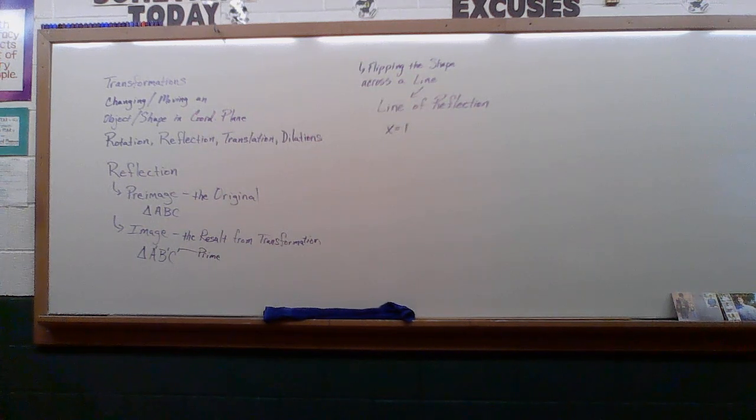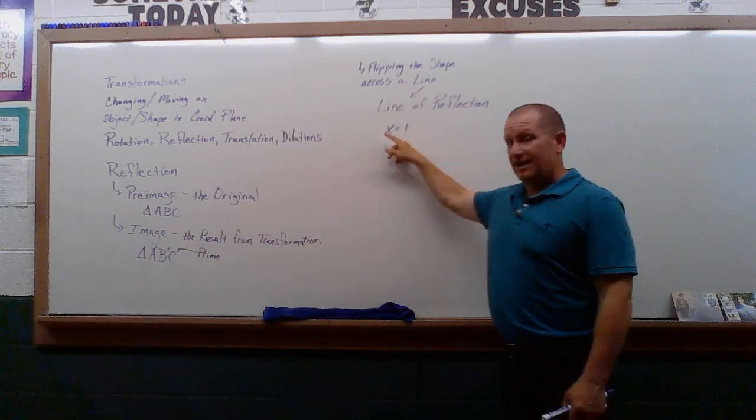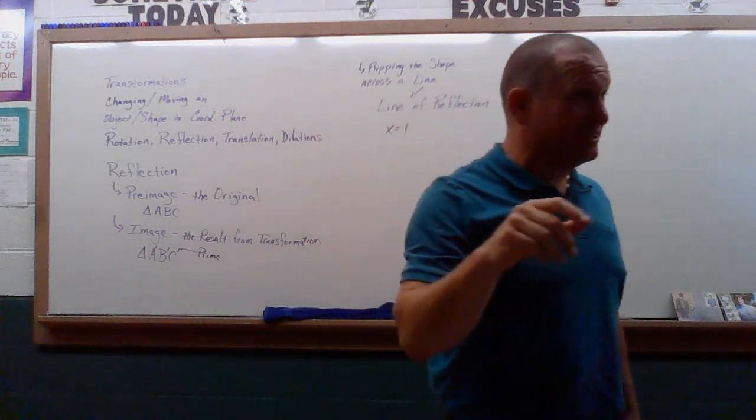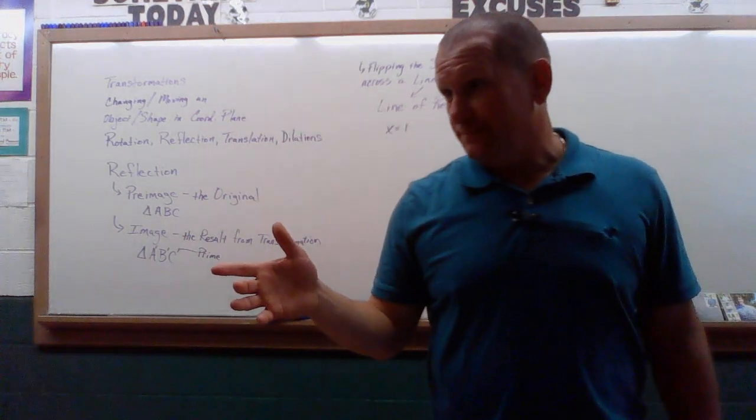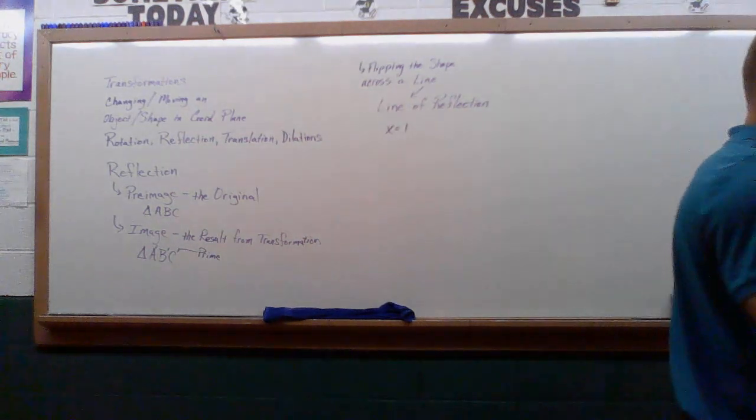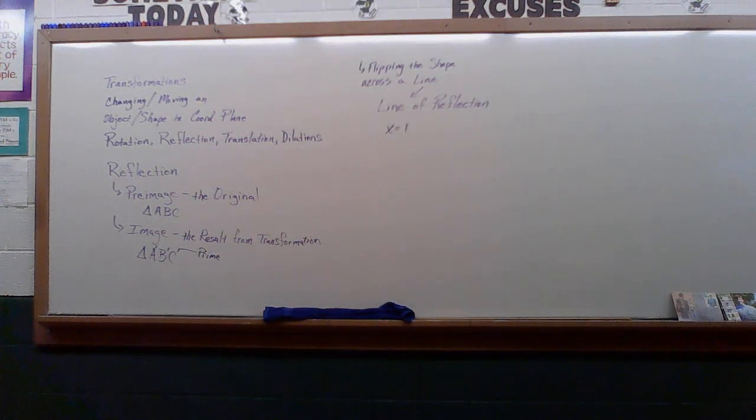I first have to know how to plot that line, right? Remember, this is my x-axis, this is my y-axis. So x I have to go over 1, and it's a vertical line. So any line that has x is a vertical line. Any line that has y equals something, it is a horizontal line. If it has anything else, then you would have a slant, like y equals x.